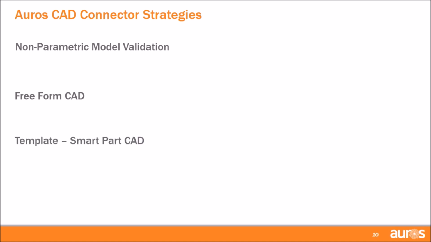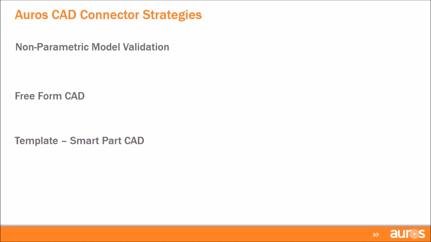The next one we're going to go through is templates or smart parts. So this one I've demonstrated in the past. You may have seen it at other conferences. But basically what this is, we start with a smart part or a template model that is already aware of certain parameters, and then we're going to do something slightly different.